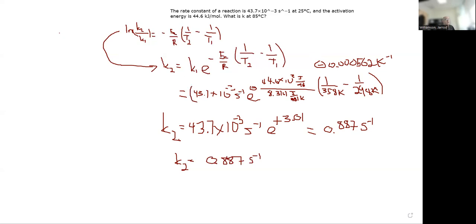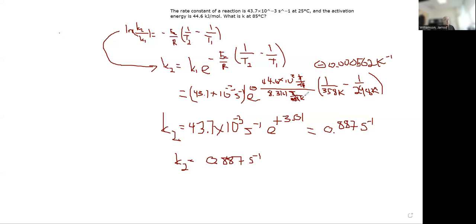Substituted in the value of K1 right here. Substituted in EA, but I turned it into joules per mole. So 44.6 kilojoules per mole is 44.6 times 10 to the third joules per mole. I did that because then R is 8.314 joules per mole per Kelvin. The joules per mole here will cancel.